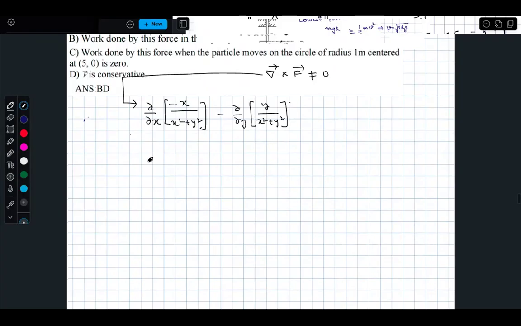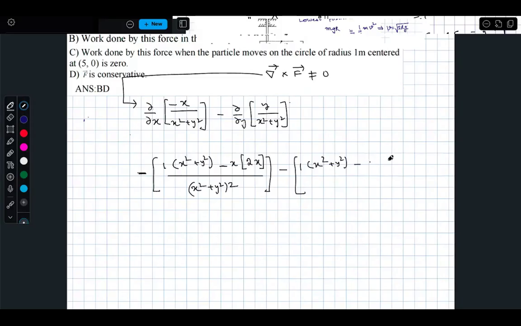Now what is happening over here? You need to do the partial differentiation, which is 1 times (x square plus y square) minus x times 2x, by (x square plus y square) whole square, minus the differentiation of this, 1 times (x square plus y square) minus y into 2y, by (x square plus y square) whole square.